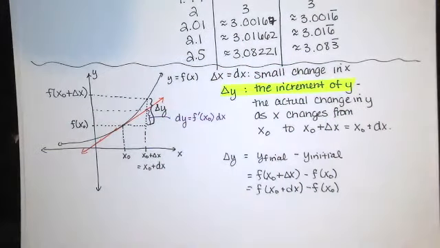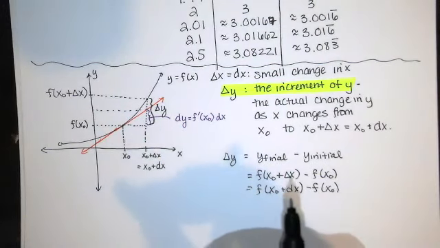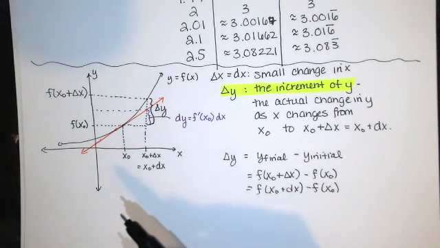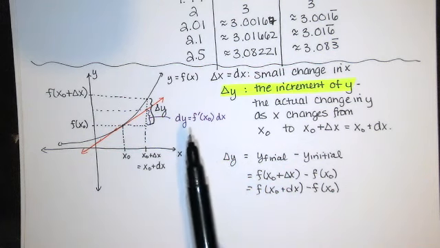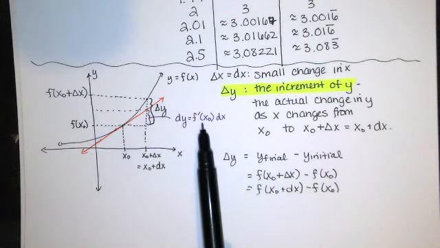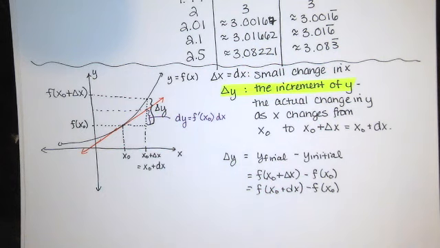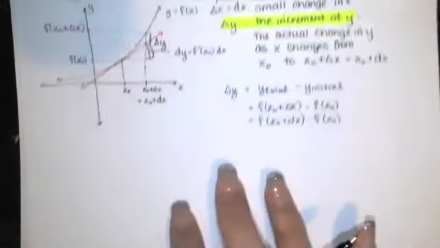Okay, so that's the tie-in. That's why this differential is somehow related to that tangent line approximation to the function. We interpret this differential of y evaluated at x naught as the expected change in y using the tangent line as an approximation to the function. So let's write that down.